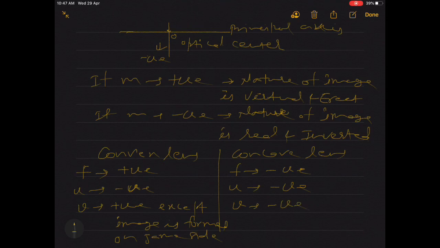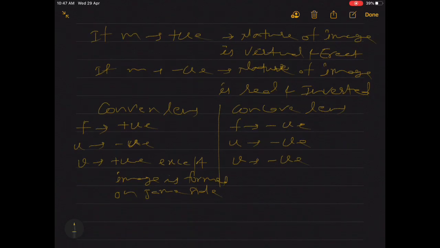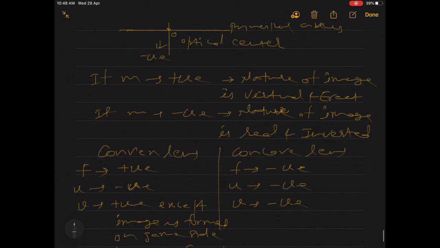Here v is negative, in which case the image is formed on the same side by the convex lens, that is, when the object is between F and O. So you can verify by all the cases of image formation that if m is positive, then the nature of image is virtual and erect, and if m is negative, then the nature of image is real and inverted.